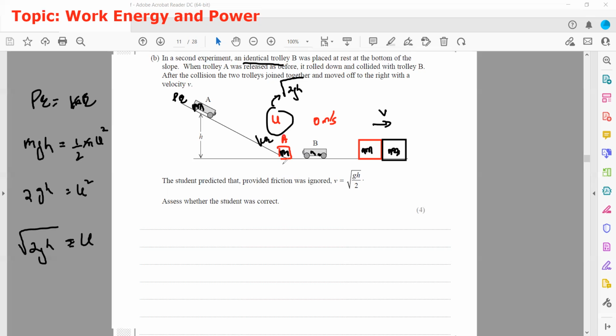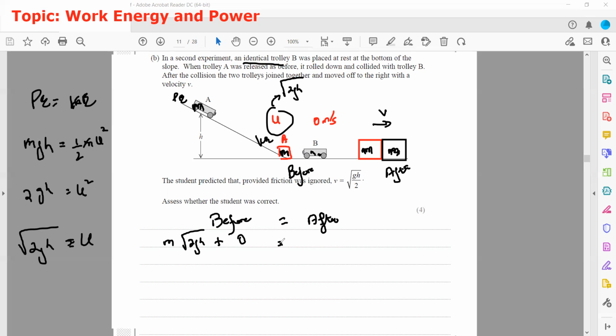Now we will use the conservation of momentum. The total momentum before collision is equal to the total momentum after collision. So the momentum before is m, the mass of object 1, multiplied by its speed, square root of 2gh, plus the mass m of the second trolley, but because its speed is 0, this will be 0.